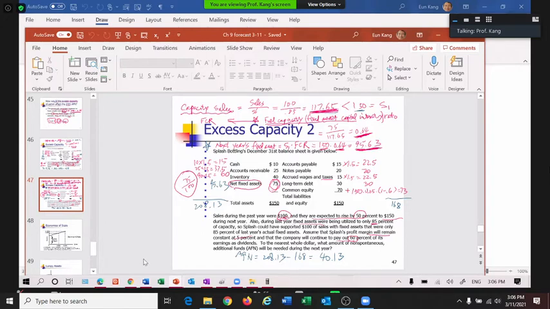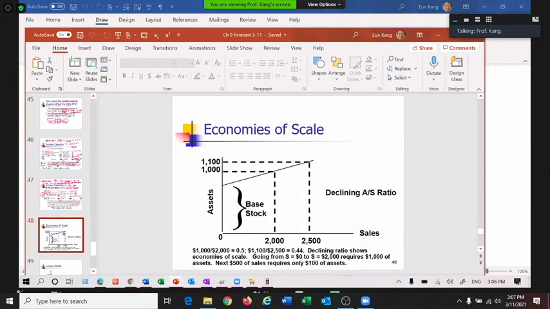And then you multiply that by next year's sales, right? Next year's sales times full capacity ratio, and that will be next year's net fixed asset. The remainder is the same. So, next item.